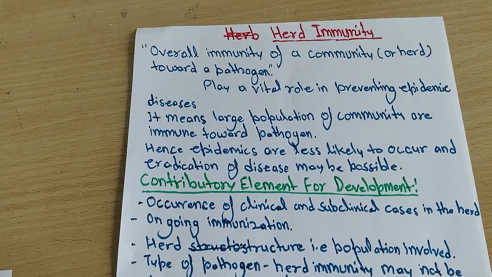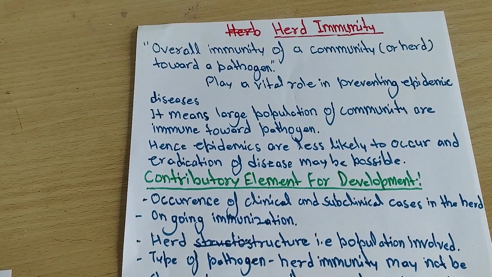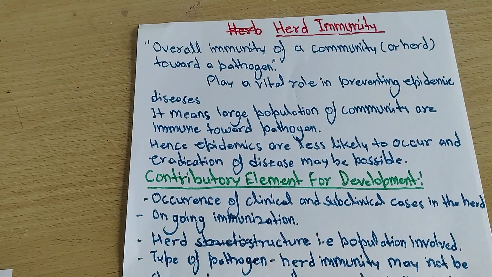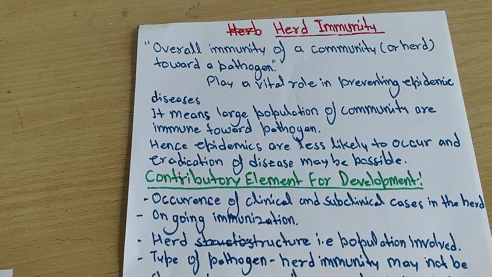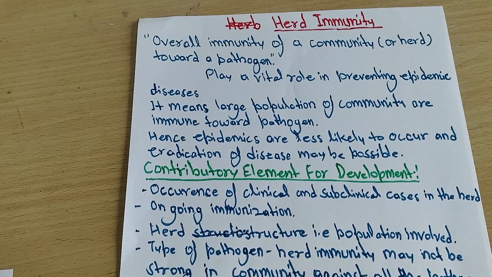Herd immunity. Overall immunity of a community or herd toward a pathogen plays a vital role in preventing epidemic of disease. It means a large population of the community is immune toward the pathogen, hence epidemics are less likely to occur and eradication of disease may be possible.